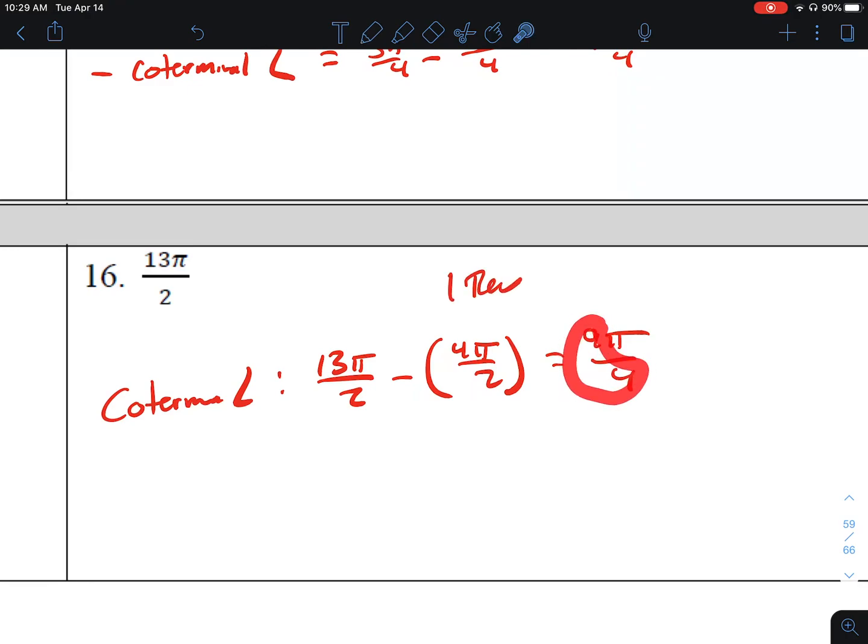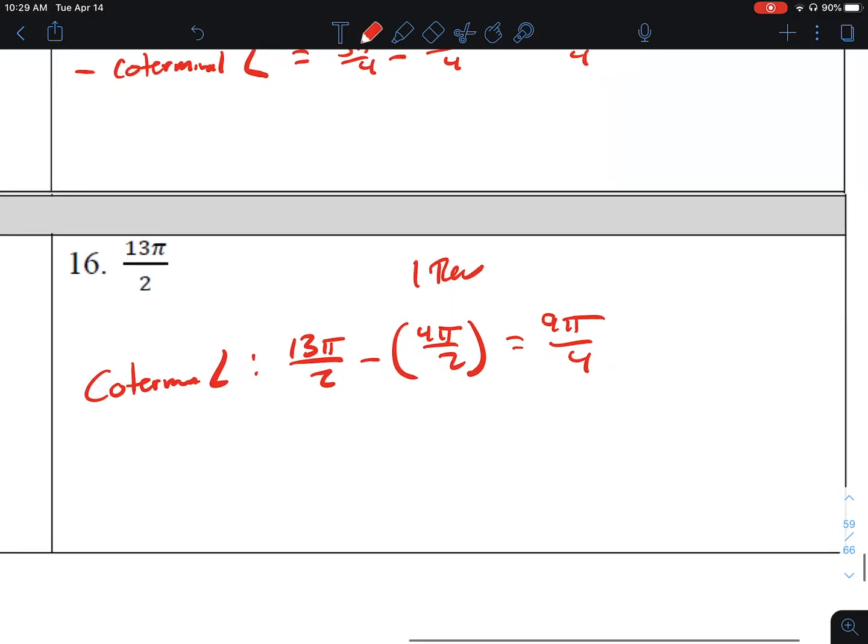Is this less than 2? It is not. So I'm going to have to subtract another revolution from this. And I get 5 pi over 2.